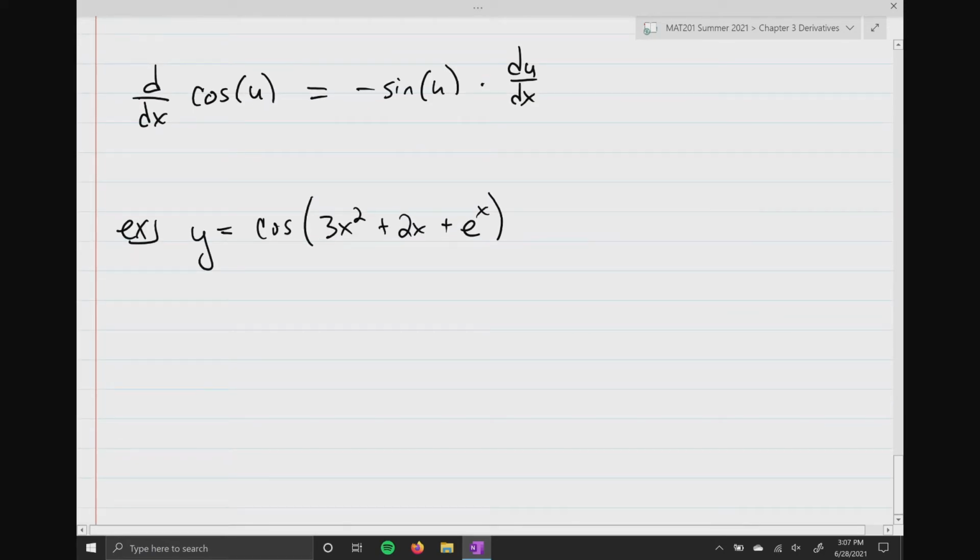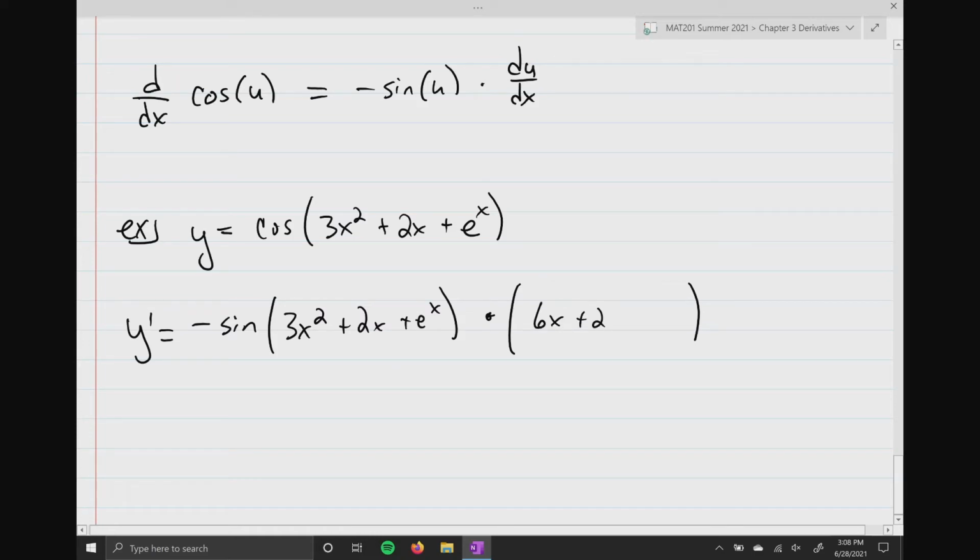So I just follow the rule directly above. Y prime is going to equal, well, I write negative sine of u. In this case, it's going to be negative sine of 3x squared plus 2x plus e to the x. And then I'm going to multiply this by the derivative of the argument. So it's going to be 6x plus 2 plus e to the x.